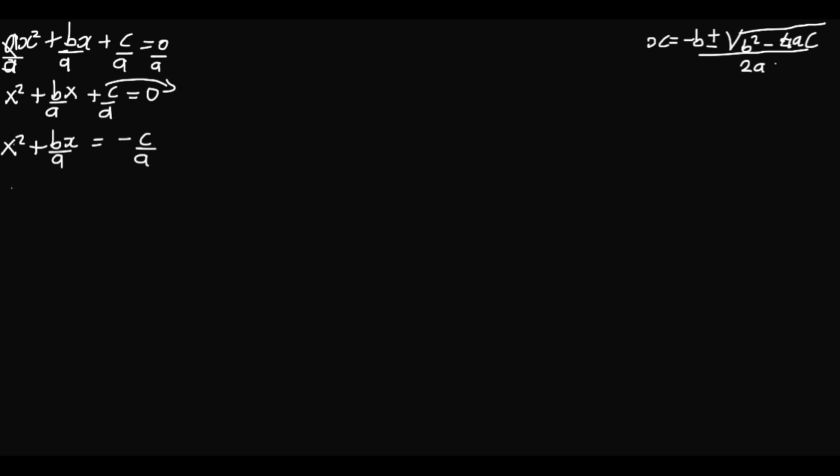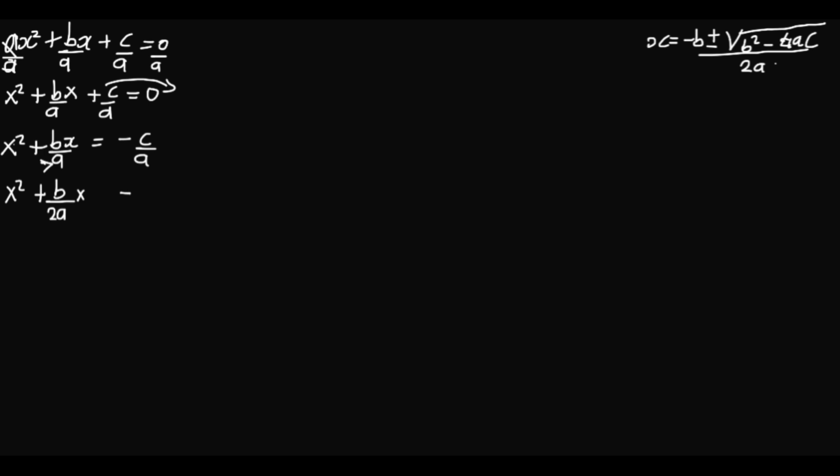Now here, the other step that we need to do is, we need to find the half of b. So in our case, since the coefficient of x raised to the power 1 is in a fraction format, what you have to do is, you need to multiply the denominator by 2. So a times 2, we get our 2a, then x.